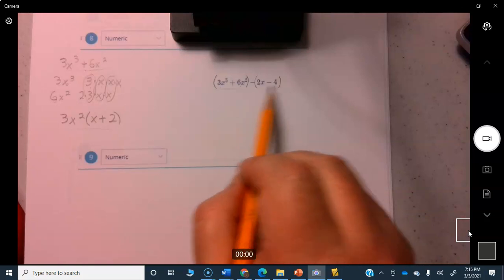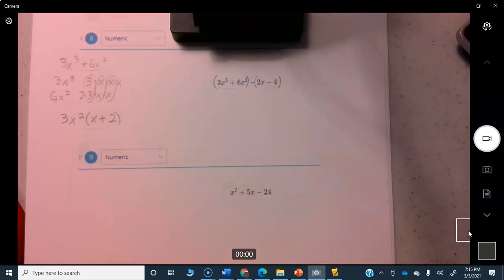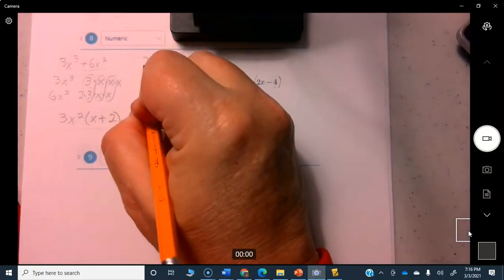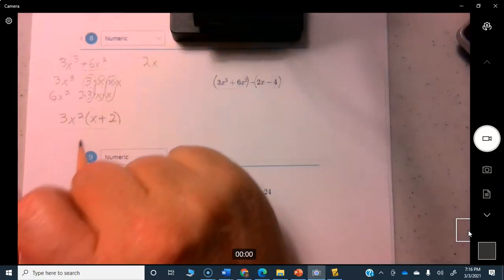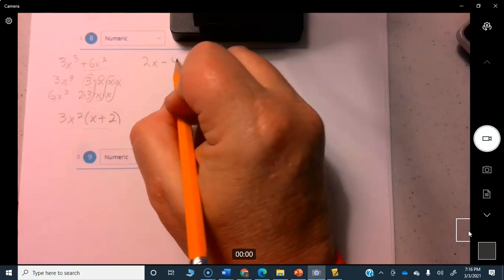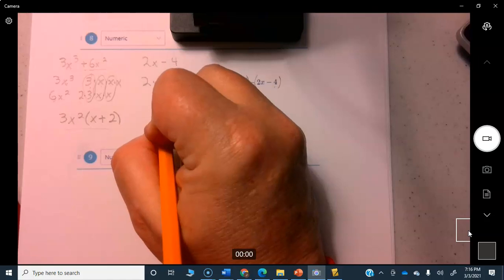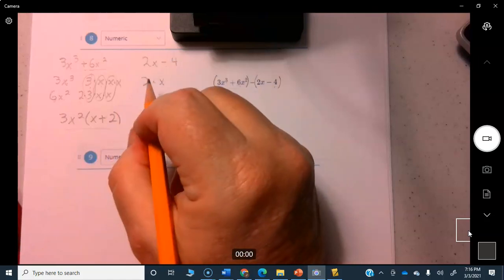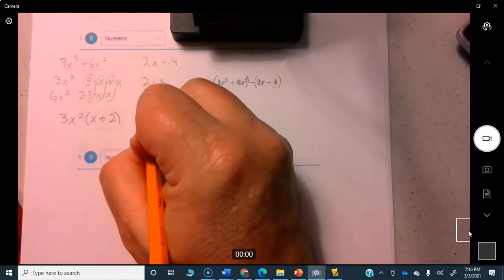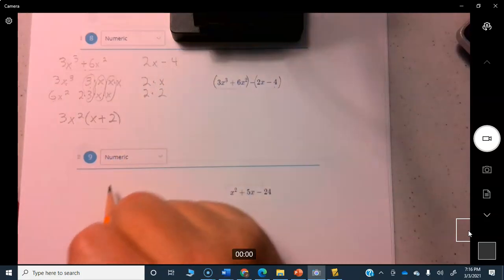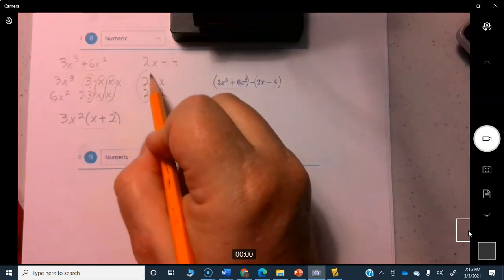Okay, see if you can do this one by yourself before I do it. Okay, so it's 2x. Again, you can always stop the video. Minus 4. So 2x is simply 2 times x. We're going to ignore the negative sign for a second. The 4 is going to be the 2 times 2. So the thing they have in common is this 2.